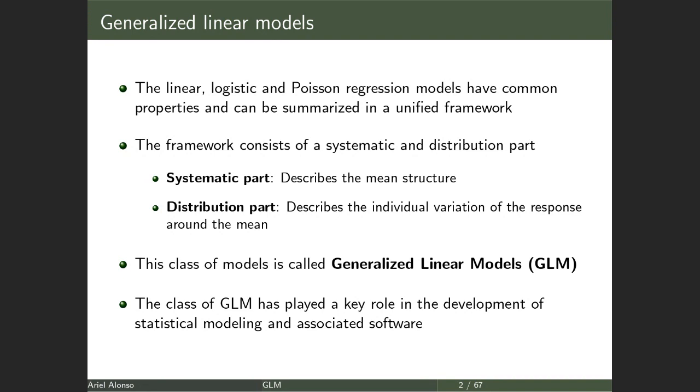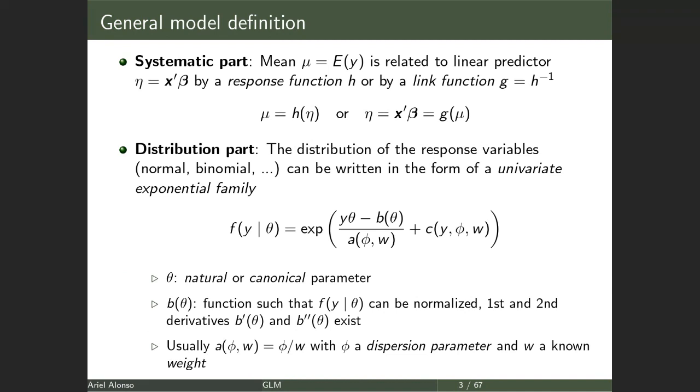Now, this class of model, the GLM class, has played a very important role in the development of statistical modeling in general. And it has also allowed us to create a unified approach for fitting and making inference across all these different types of models. So let's do it. The systematic part.